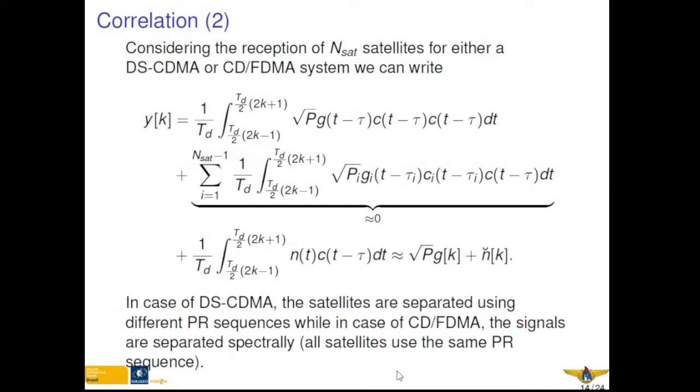By using different models CI, we can do this for all the satellites, and with this we can separate the signals for each satellite. In case of direct sequence CDMA, the satellites are separated using different PR sequences, while in case of FDMA, the signals are separated spectrally in the subbands of the FDMA scheme. In case of FDMA, all satellites use the same PR sequence.